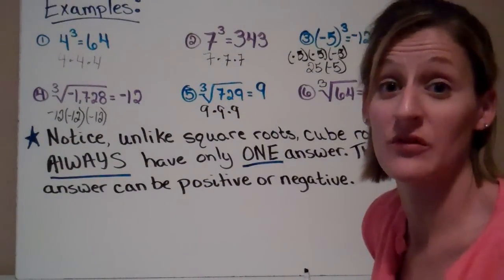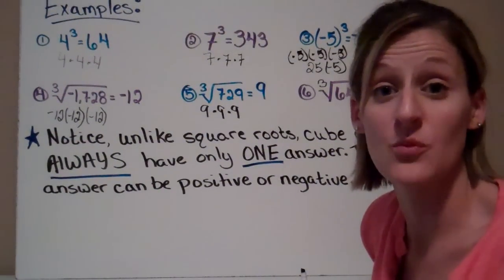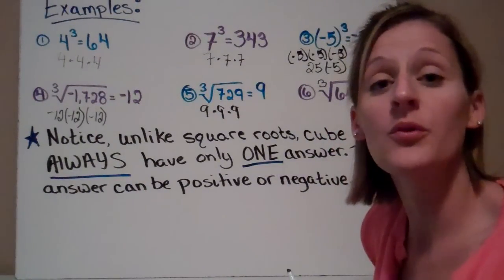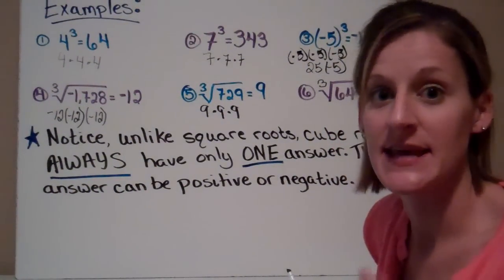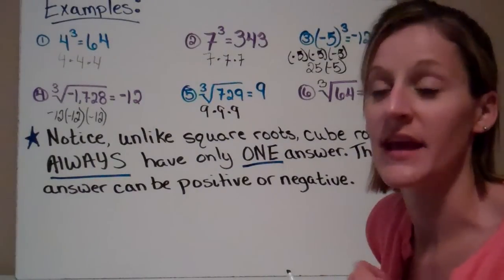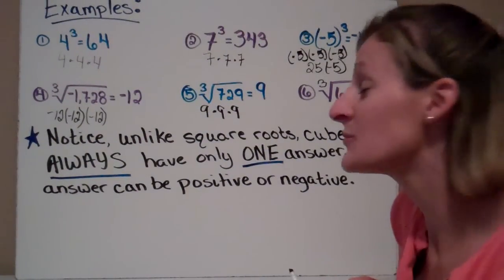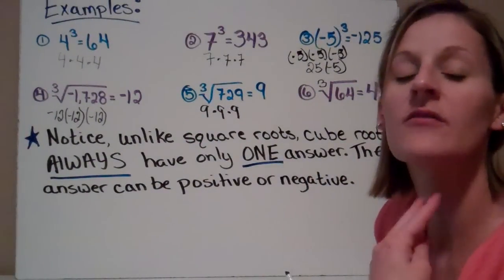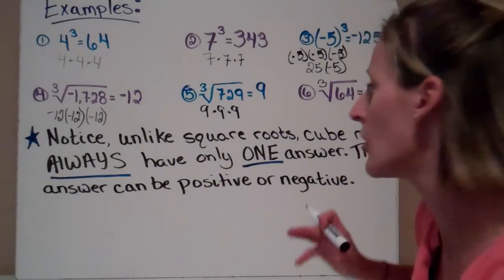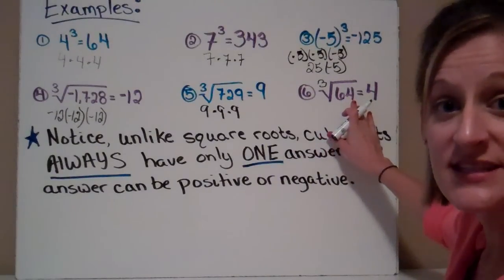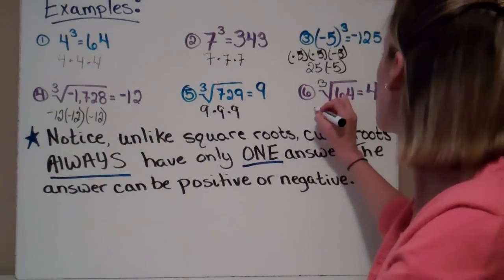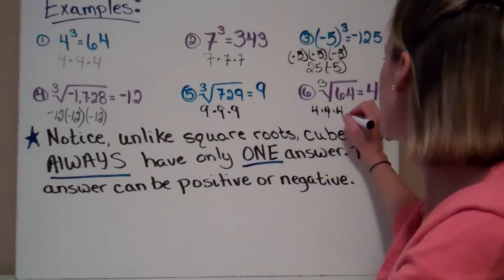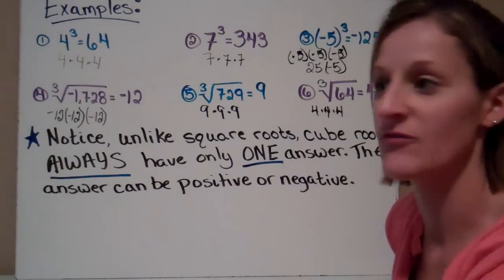We did the square root of 64, we said that's a perfect square, but it's also a perfect cube. Now, the square root of 64 was 8. But with this one, it's got to be a number times itself times itself, and if we do that with 8, it's not going to work. So the cube root of 64 is actually 4, because 4 times 4 is 16, then you multiply again by 4, and that gives you 64.